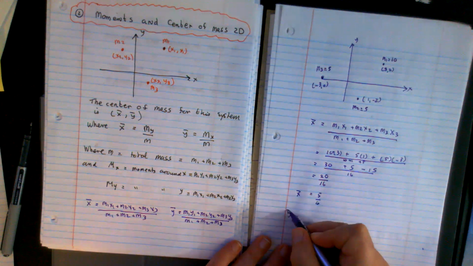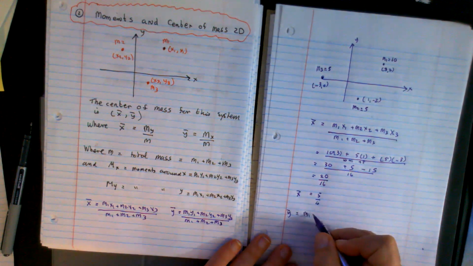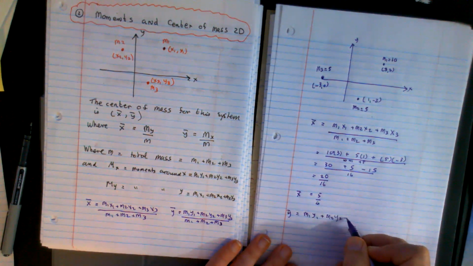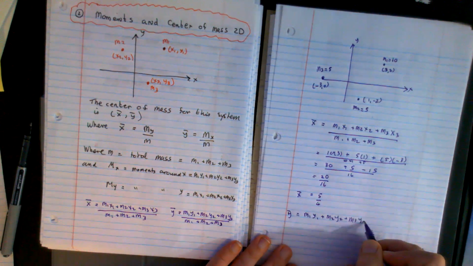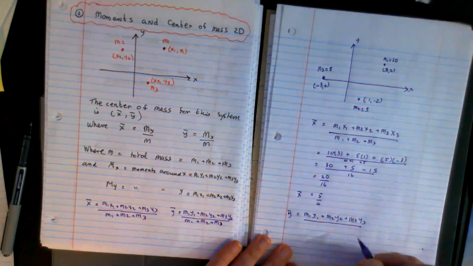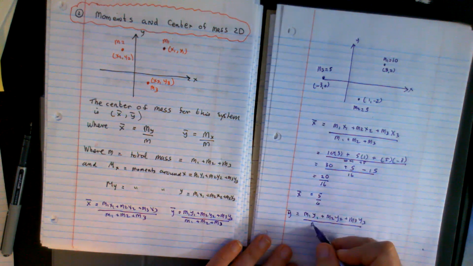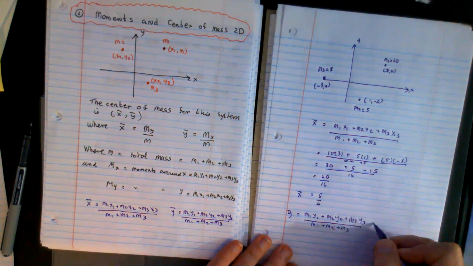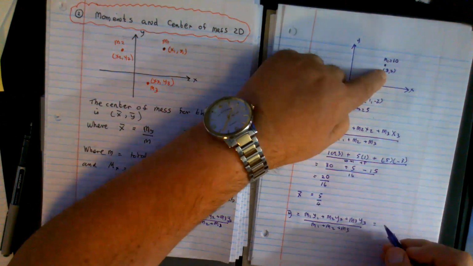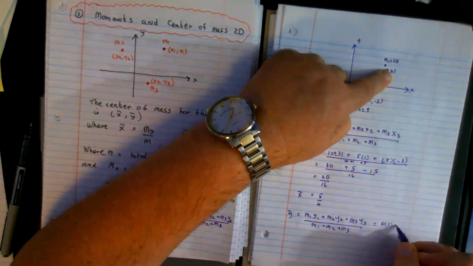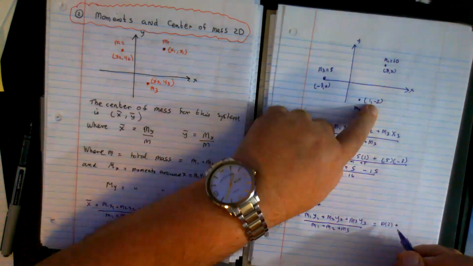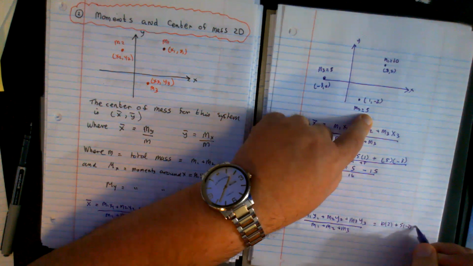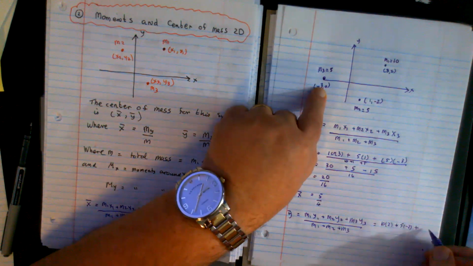To get the y bar, very similar calculation, but we use the y coordinates. And this time it's going to be 10 times 2 plus 5 times -2 plus 5 times 0.